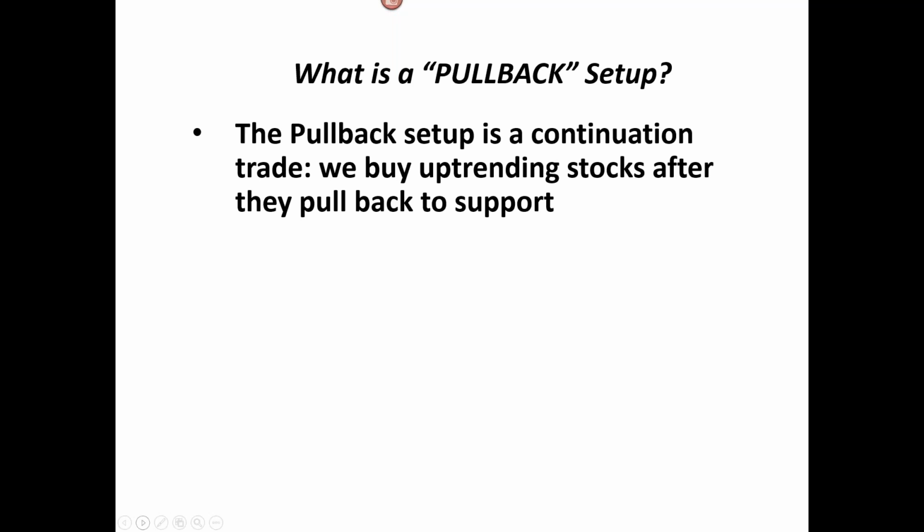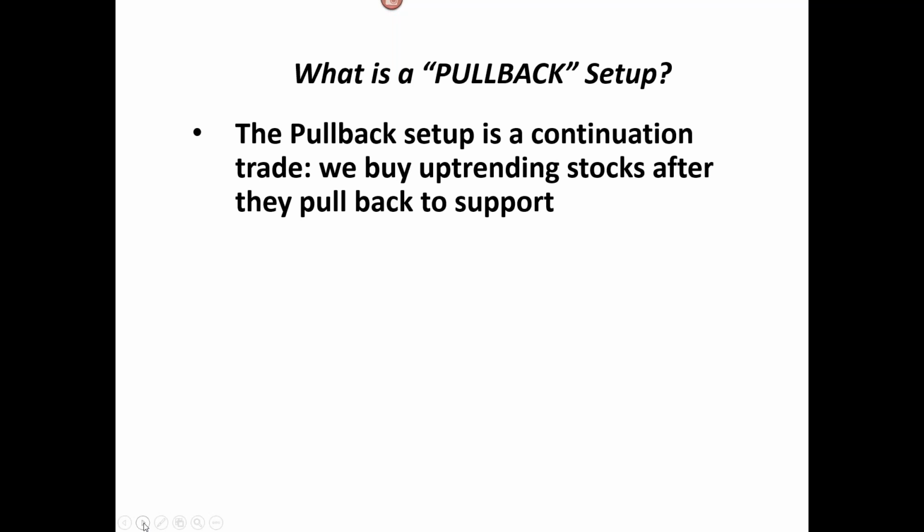We're looking here to capture the next leg up in the pullback setup. The reverse of this system, which is called the relief rally system, is exactly the same system, only the requirements are reversed, and it does the same thing for downtrending stocks. You'll have access to that in the add-on as well.